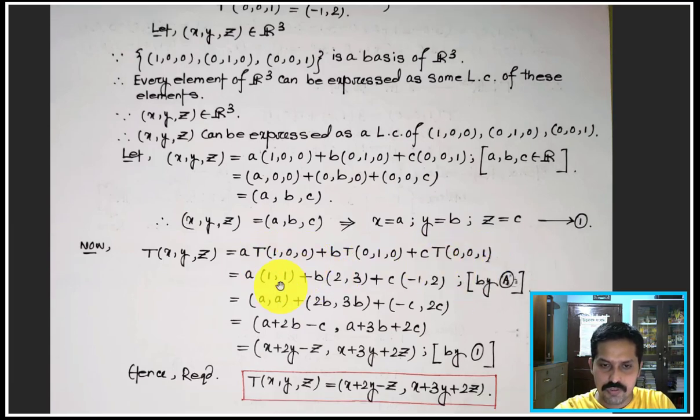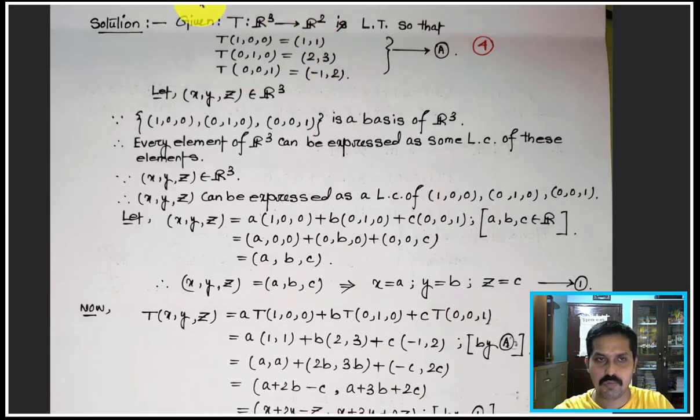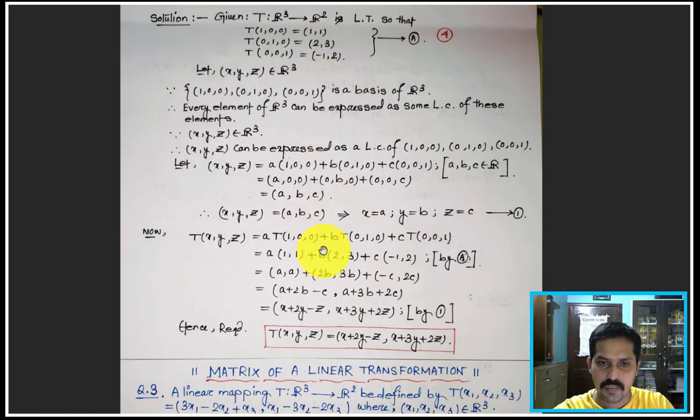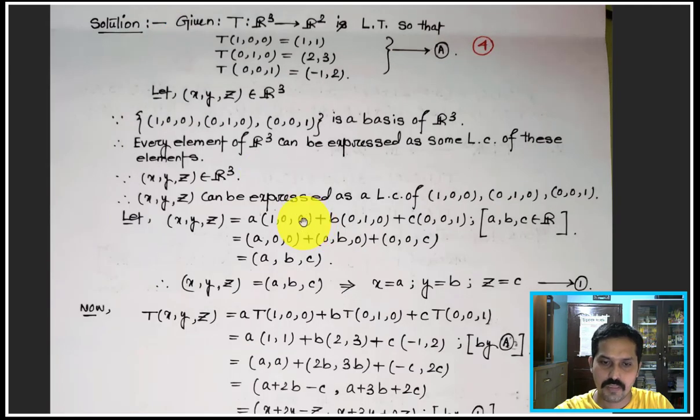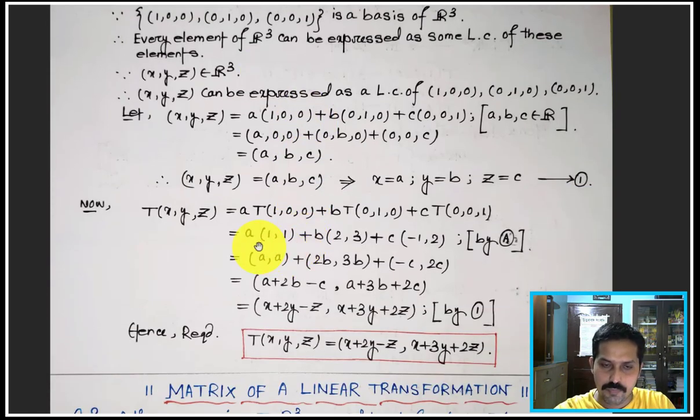Now T(1,0,0) is (1,1) by equation number 1, T(0,1,0) is (2,3), and T(0,0,1) is (-1,2). Doing the simplification: (A, A), (2B, 3B), (-C, 2C). Adding, we get (A + 2B - C, A + 3B + 2C).